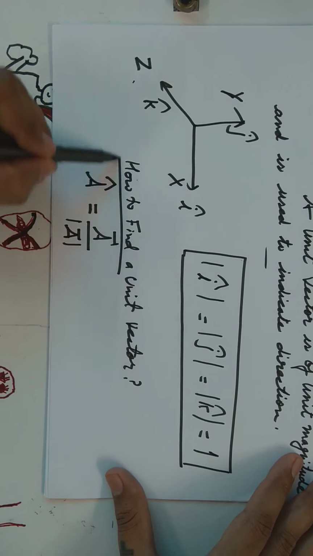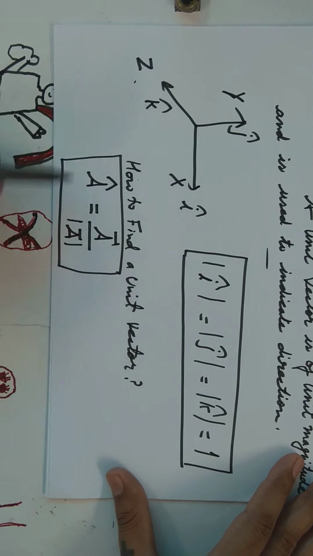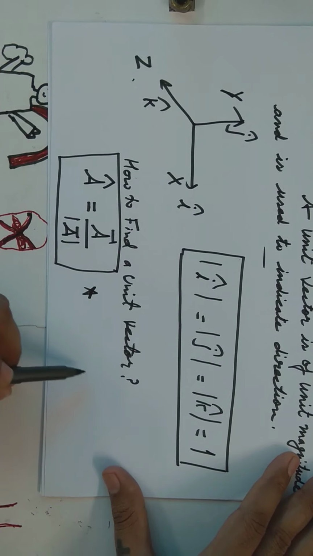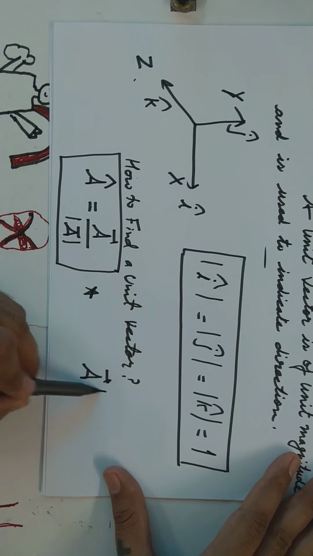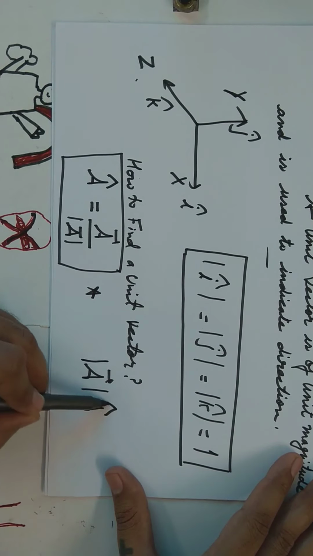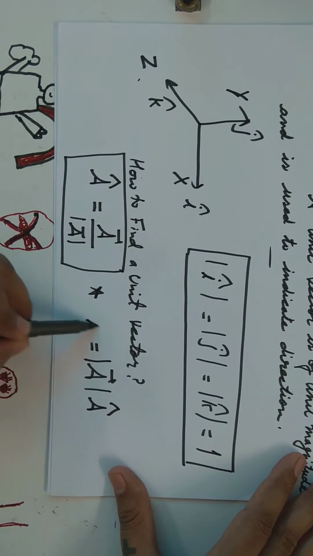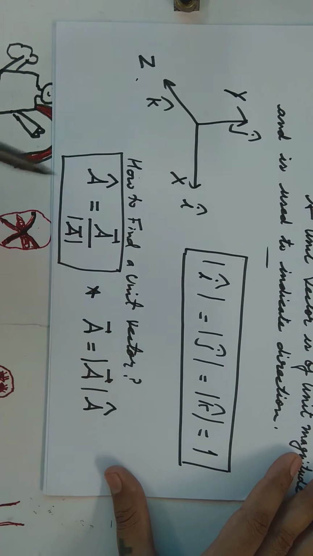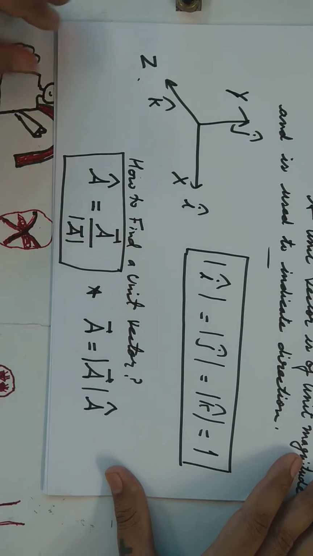Then what I get is a unit vector in the direction of A. Okay, so if I have magnitude of A and I multiply it with a unit vector in the direction of A, then it becomes A vector. Okay, this is a very important concept. We will use it soon.